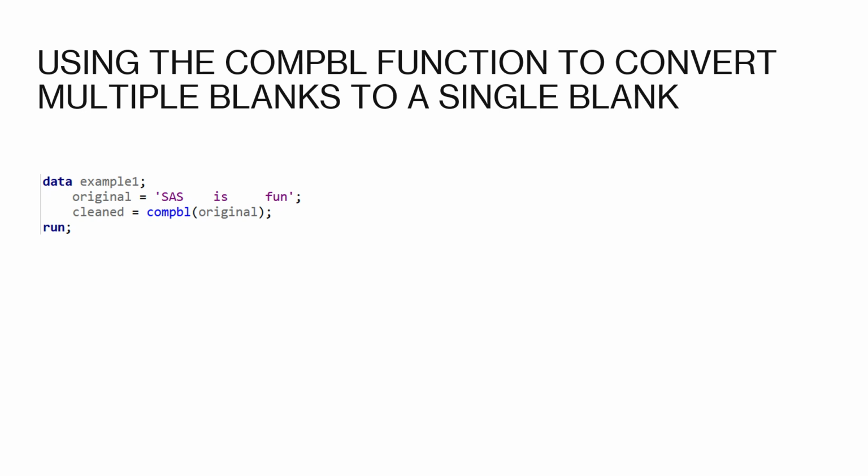So I have created another variable, the cleaned variable, where I have applied the COMPBL function, and the resultant data will be like this. You can see from the resultant example 1 dataset that the original value had multiple spaces inside the string, which is now cleaned to have only one blank space.